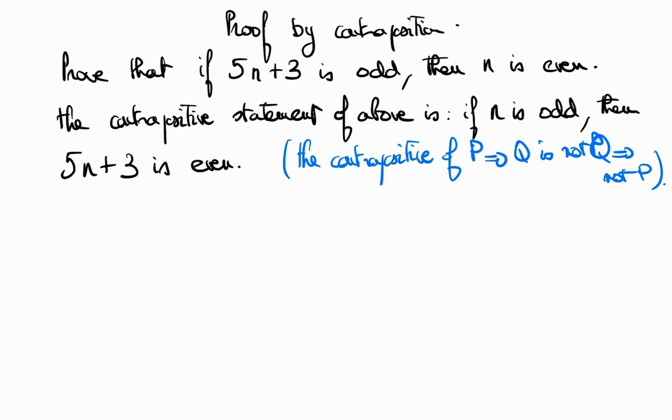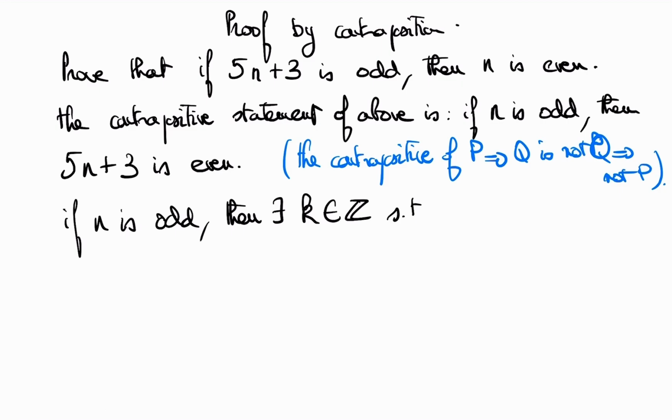Okay, so let's prove that. If n is odd, then there exists k belonging to Z such that n is equal to 2k plus 1.